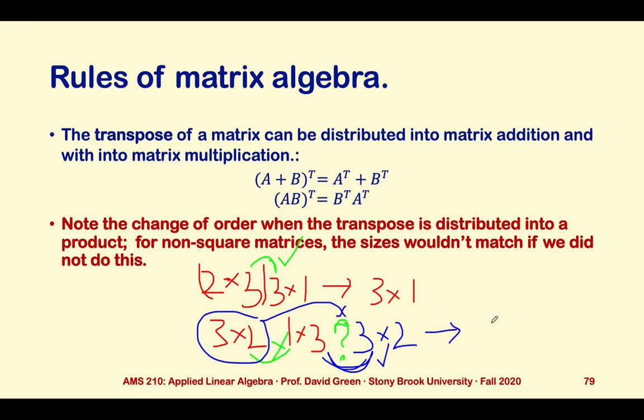We can do this multiplication, and the result is a 1 by 2. Sorry, I apologize, my very poor writing with a touchpad. This kind of just motivates why we need to do this. This doesn't actually prove that this must be true. For now, we'll just take this as a given that we can distribute the transpose into matrix multiplication, but we have to switch the order.